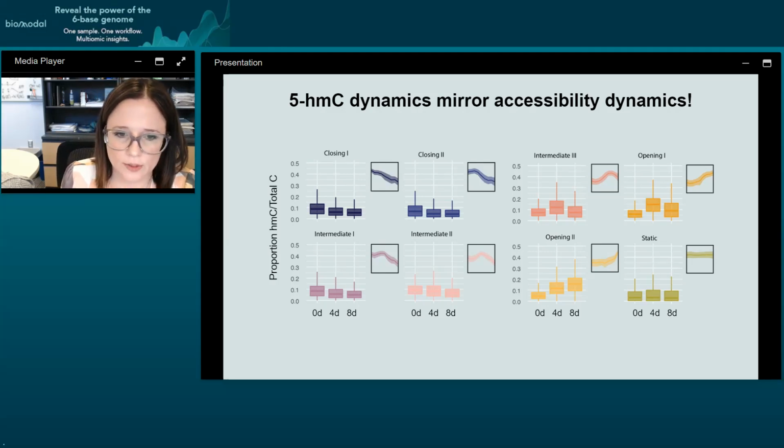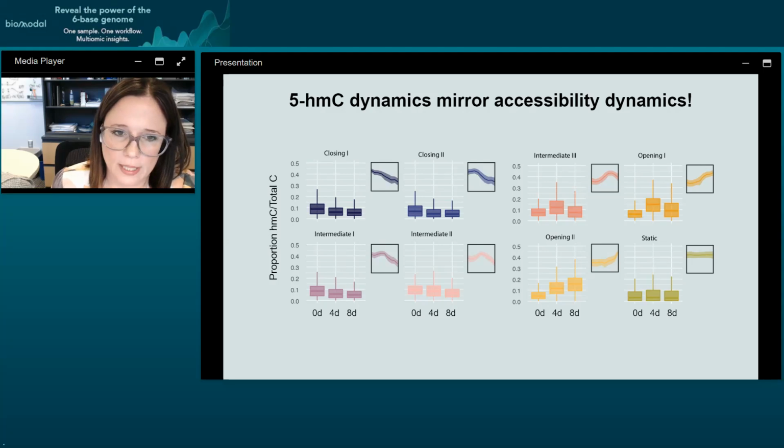If you look at the distribution of hydroxymethylcytosines for each of these different groups, what you'll see is that within the closing regions, we see a mostly stable, although slightly decreasing hydroxymethylation state. In the transient groups, again, we see these regions that are opening and closing. They are also gaining hydroxymethylation and losing hydroxymethylation. And the regions that are opening are also gaining hydroxymethylation. It really varies depending on the time point when the region actually is becoming open.